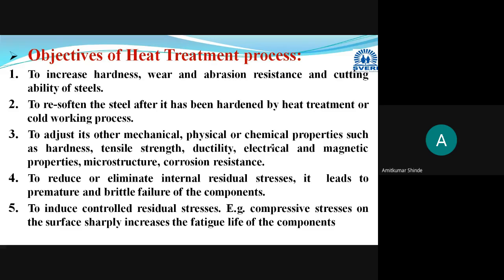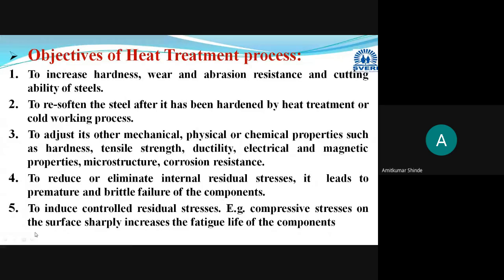Then their nature and all their properties will get affected. Sometimes mechanical properties change, sometimes physical properties change, sometimes chemical properties change, and that comes under the surface treatment processes.